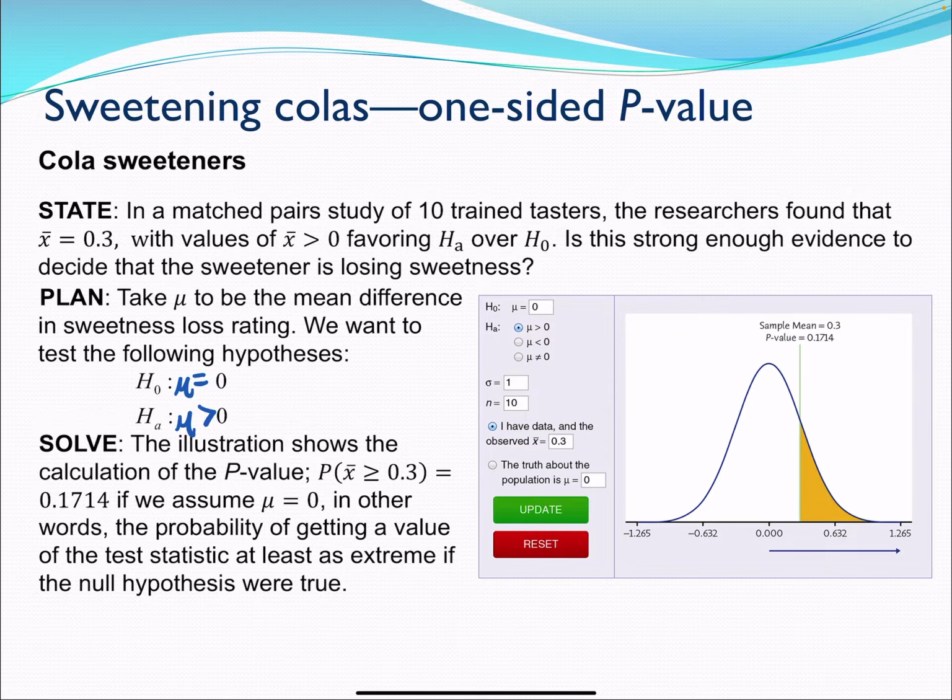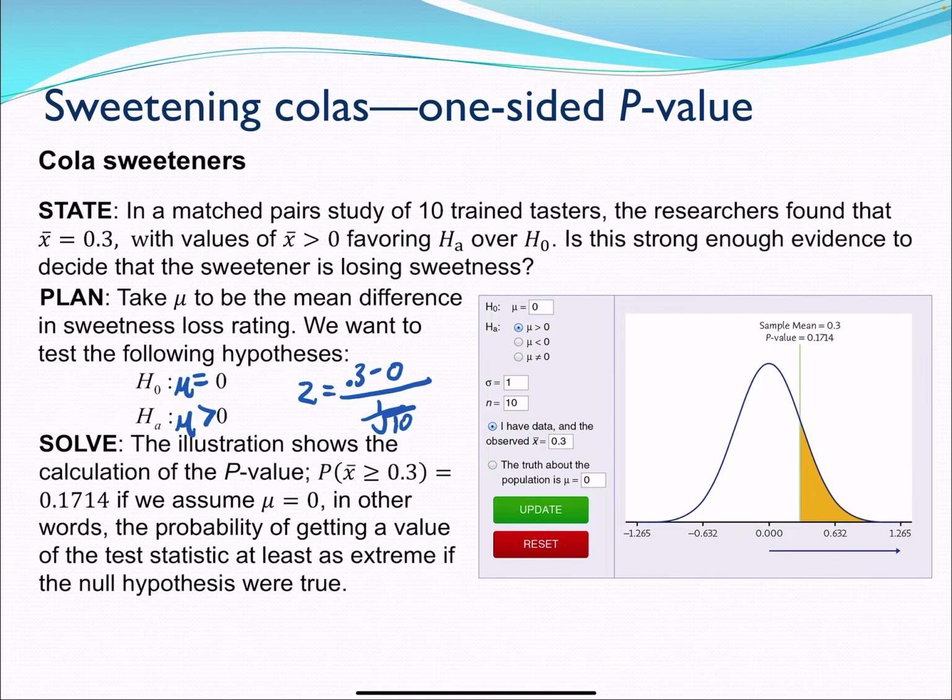So to solve this, we're going to find the p-value for x bar being greater than 0.3, i.e. the probability of getting a value of the test statistic at least as extreme if the null hypothesis were true. So we take z to be our sample mean, which was 0.3, minus our population mean, which was 0, over our standard deviation, which I think is 1, over the square root of n, which is 10.